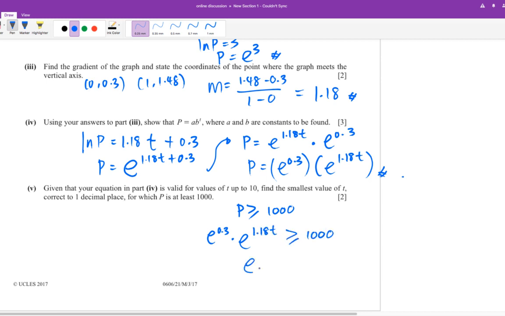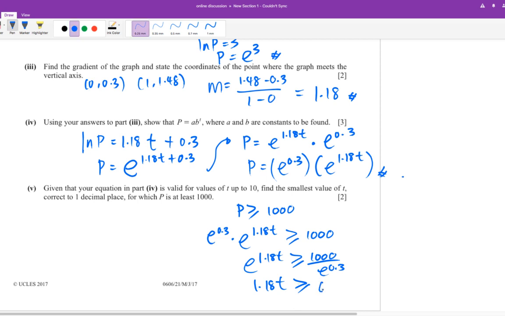I will solve this equation. 1.18t equals 1000 divided by e to the power of 0.3, and then I will take ln on both sides. So 1.18t should be ln of 1000 over e to the power of 0.3.